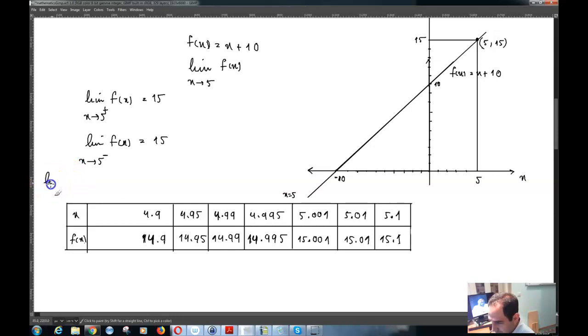So I can say that the limit of f of x when x tends to 5 from the right is equal to the limit from the left, is equal to the limit of f of x when x tends to 5, is equal to 15.